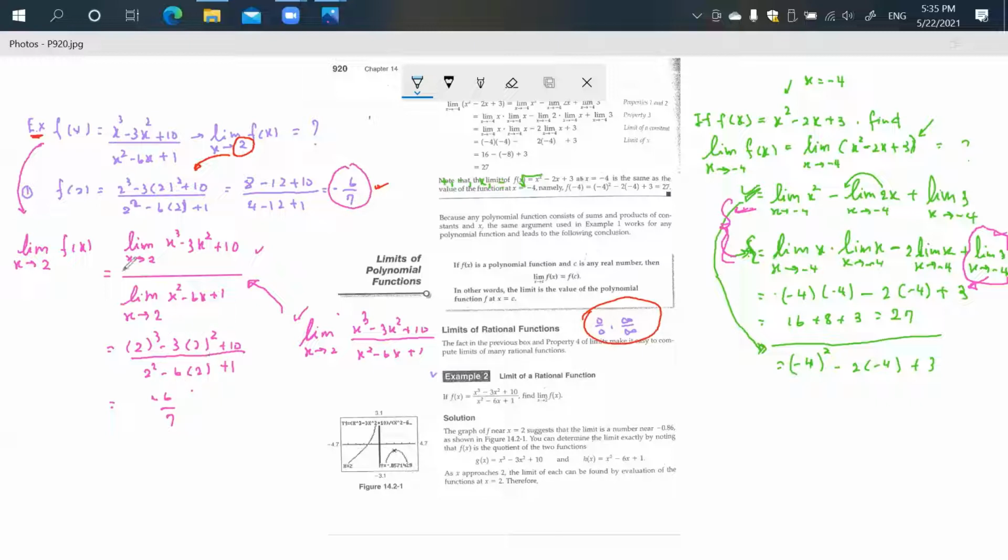Either way, okay, but at least you must use the property of limit and show the concept, because it's a rational function, so you have to use the rational pattern to identify it first before you replace the number to get the final answer. Okay, so that is a rational function. This is the way when you use the property of limits, and it's necessary to write it down if the question requests you to show the work.